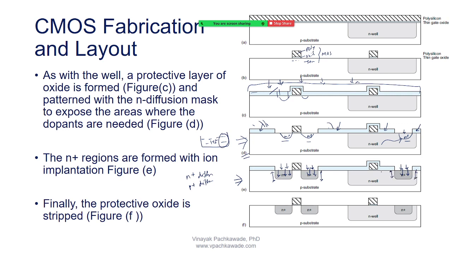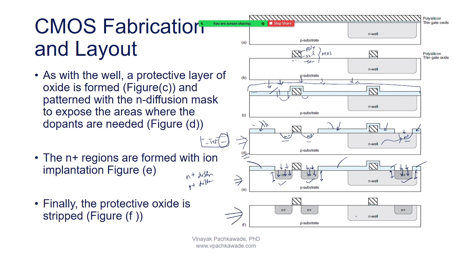So I am done with having N plus active regions where I wanted them. And finally again, once that is done, I will just strip out this oxide, I will just remove this oxide with some chemical process also. So the final step is like this.